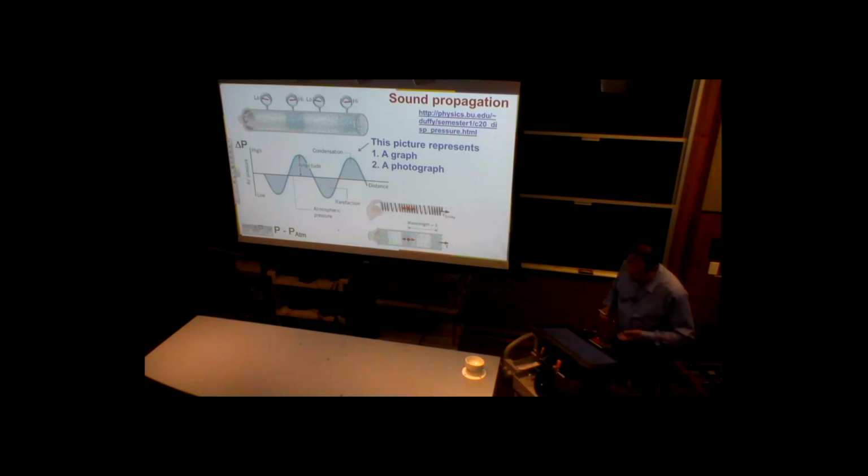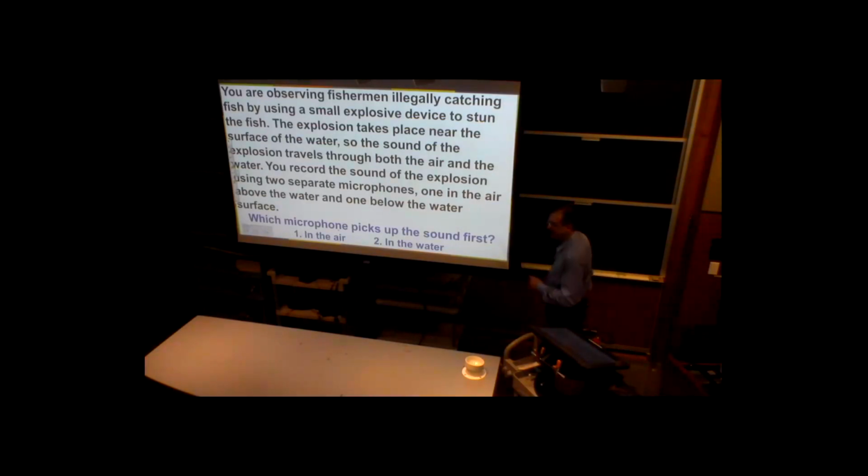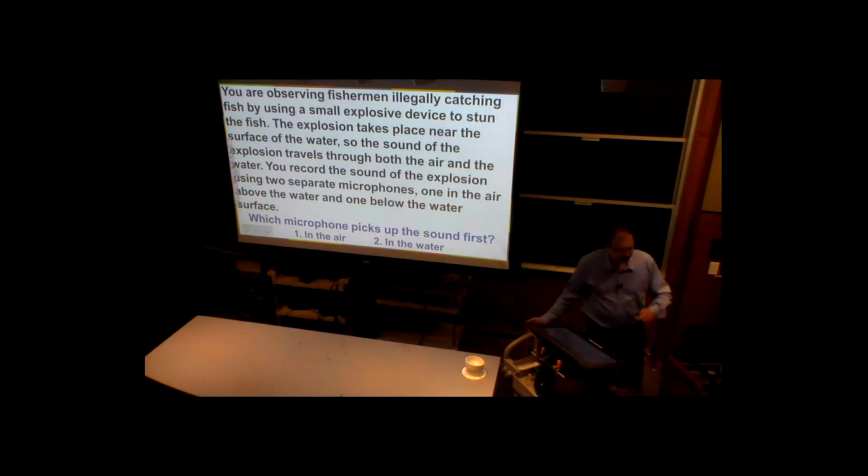And of course, if we generate a standing wave, we call crests and troughs, nodes and antinodes, and between nodes. So everything is the same, but sound waves travel differently in different media. So this is an example when we use this for a practical reason.